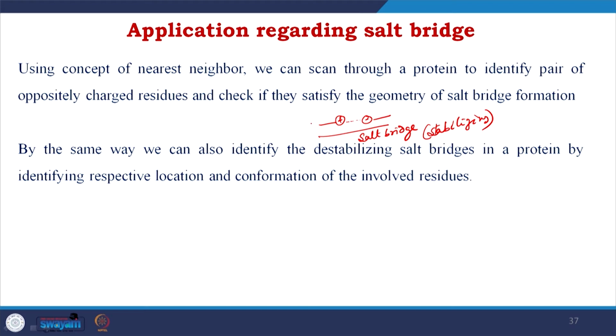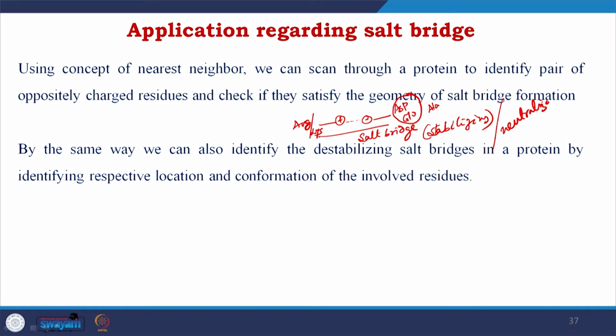So, here you know that for positive charge you have arginine or lysine, and here you have aspartate or glutamate. Now, you see, if you mutate this, let us say to alanine, then the charge effect would be neutralized, they would no more stabilize, right.